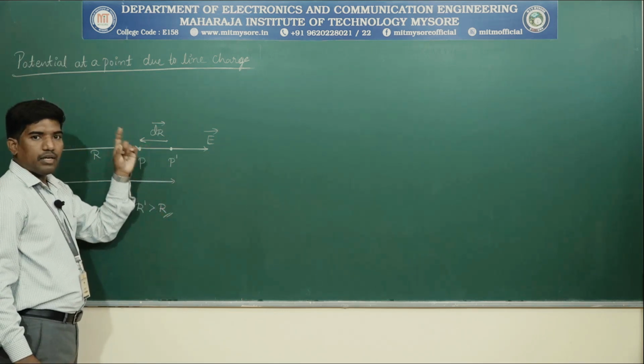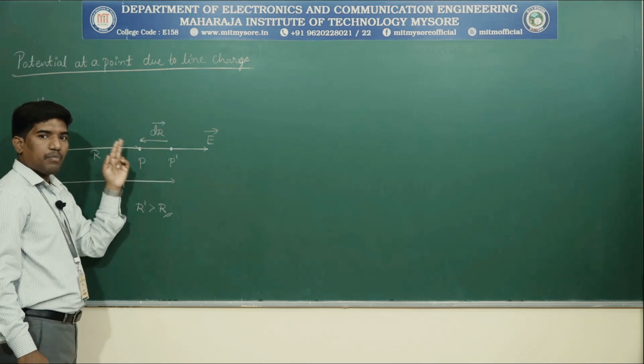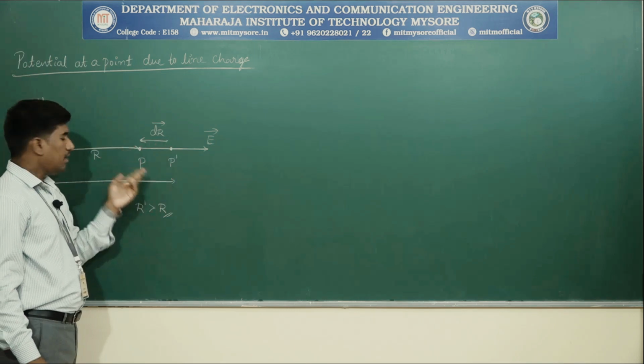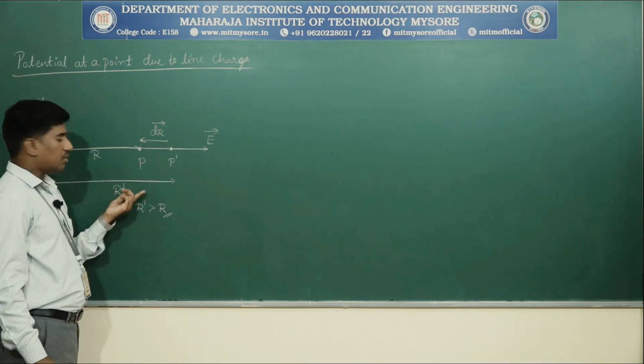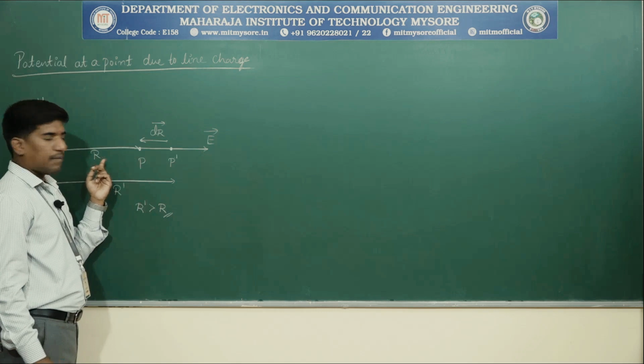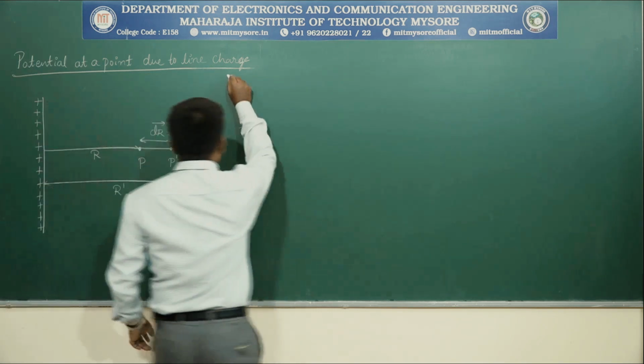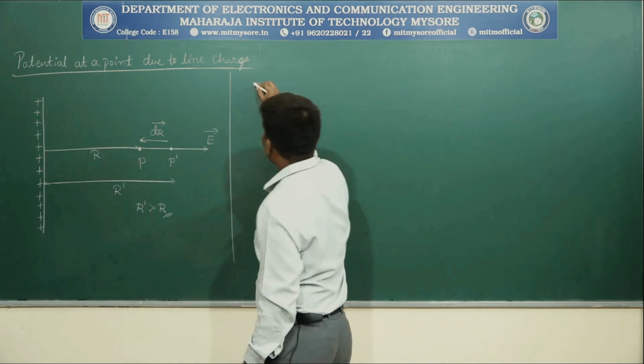So instead of moving a charge from infinity to a particular point P, we are moving a charge from P dash to P. The corresponding distance is r dash to r, and the differential distance taken is dr. Now write the expression for potential.